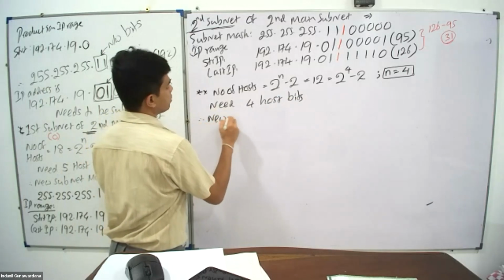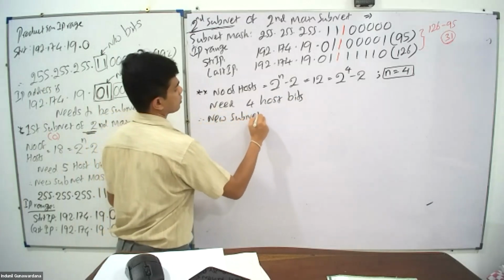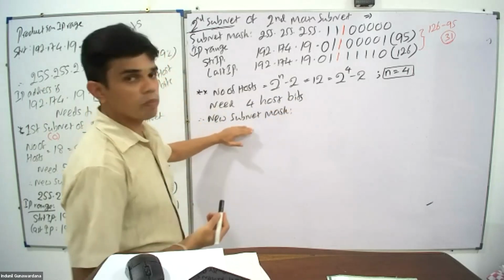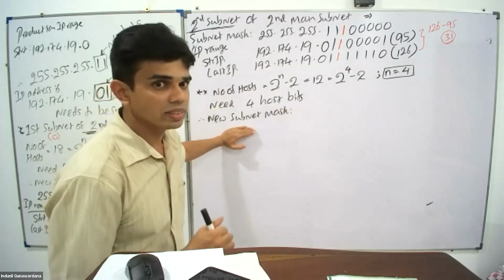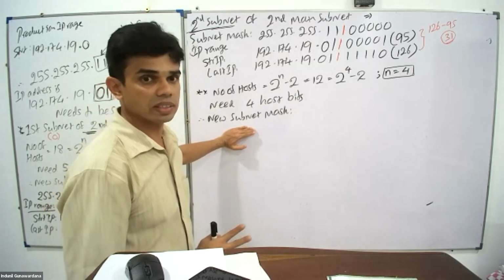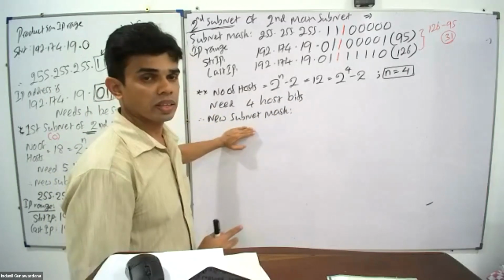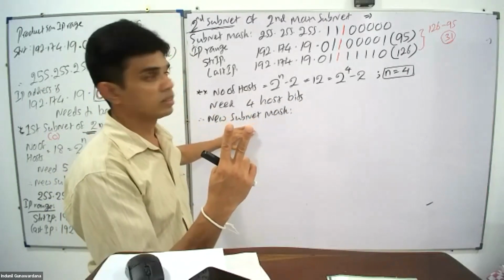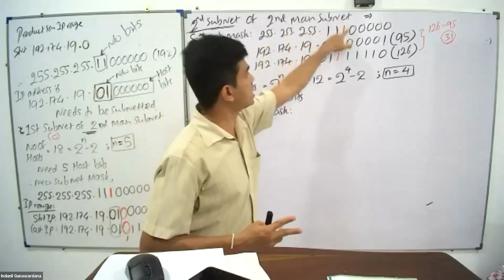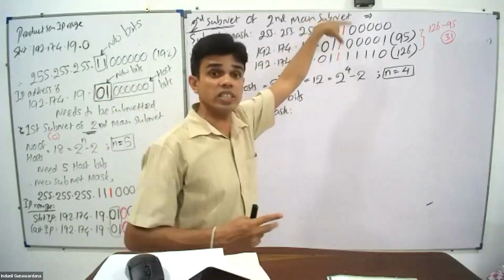Therefore, a new subnet mask. Now, whenever you consider the new subnet mask, what are the network bits? Now there are 3, right? So these 3 are the previous ones that are going to be further subnetted.